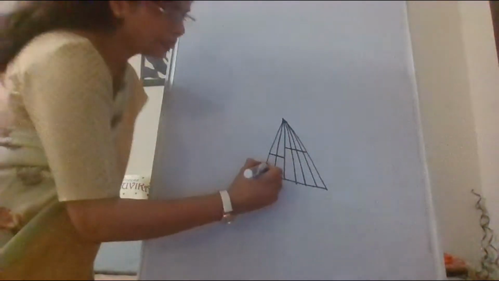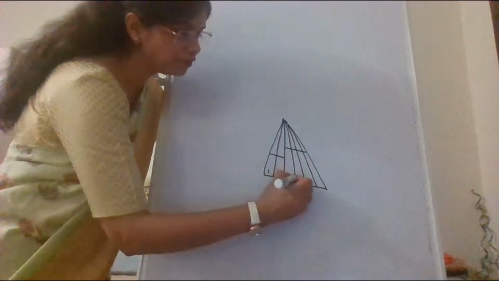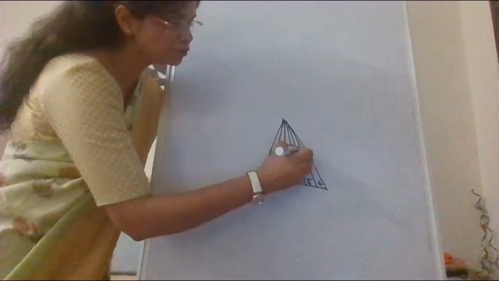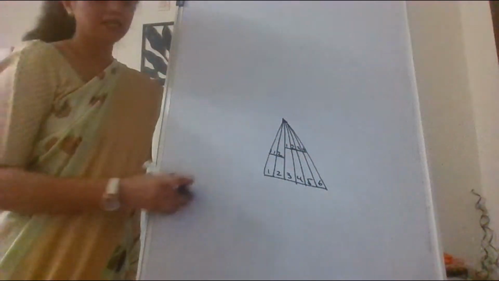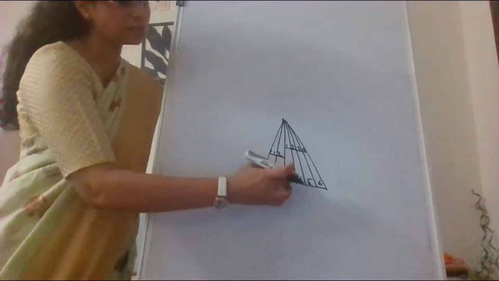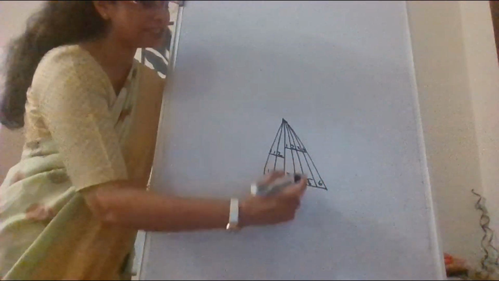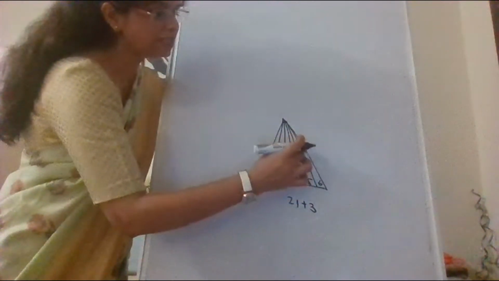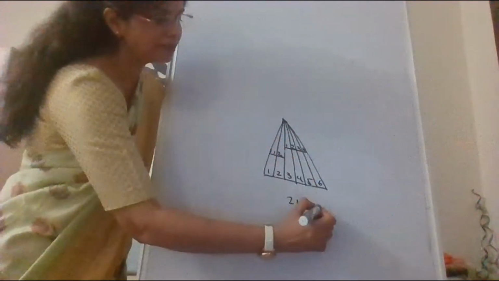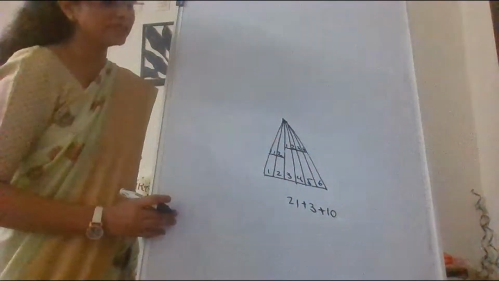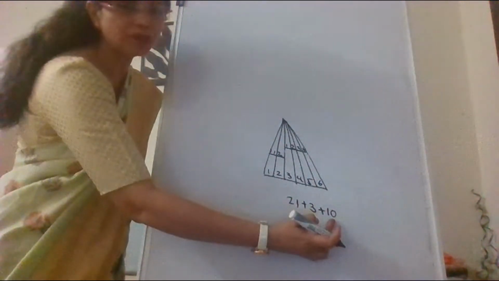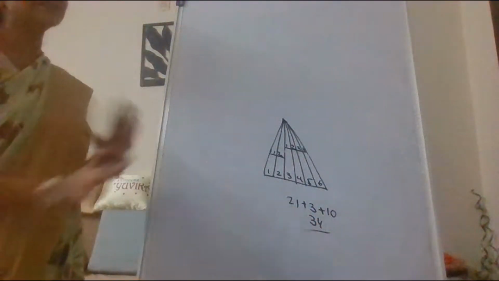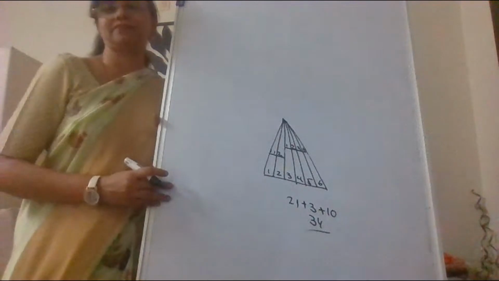Very easy. 1, 2, 3, 4, 5, 6. 1, 2. 1, 2, 3, 4. 1 plus 2, 3 plus 3, 6 plus 4, 10 plus 5, 15 plus 6 is 21. 1 plus 2 is 3. And 4 plus 3, 7 plus 2, 9 plus 1, 10. So your answer is 21 plus 10 is 31. 31 plus 3 is 34. 34 triangles are there in total.